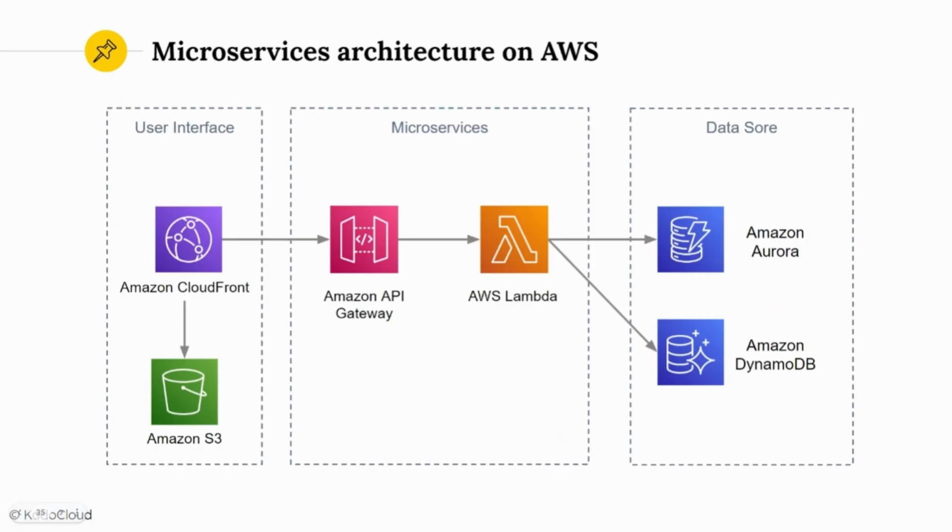This diagram is an example of a reference architecture for a typical microservices application on AWS. In AWS, there are three common patterns when building microservices: API-driven, event-driven, and data streaming. This approach is beneficial because it allows for the introduction of microservices characteristics while reducing the challenges associated with building microservices.